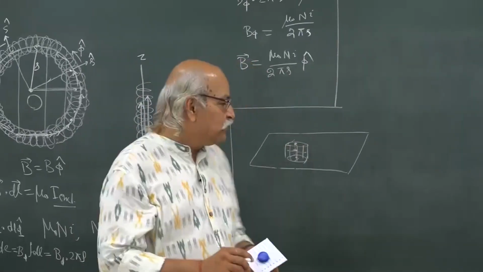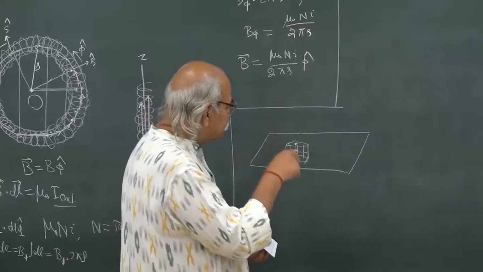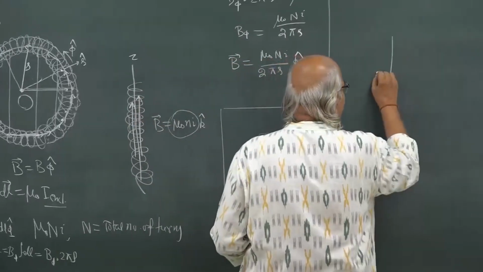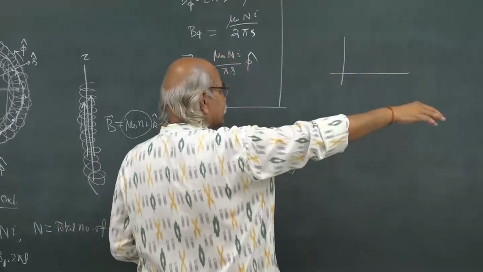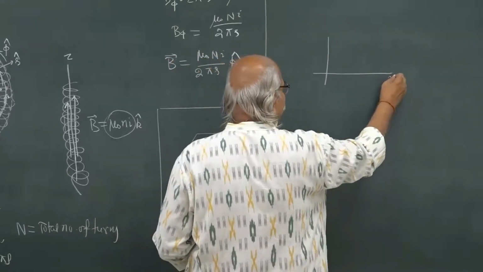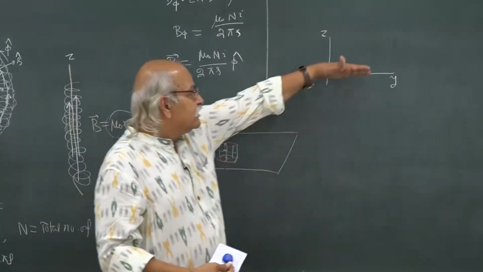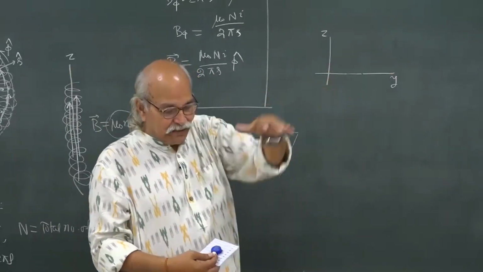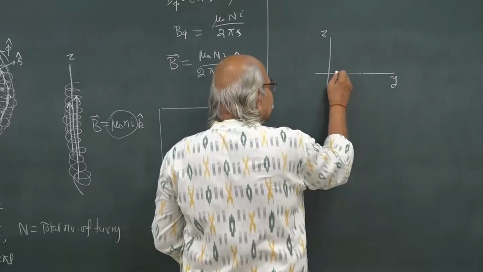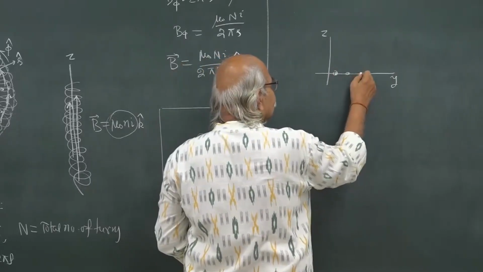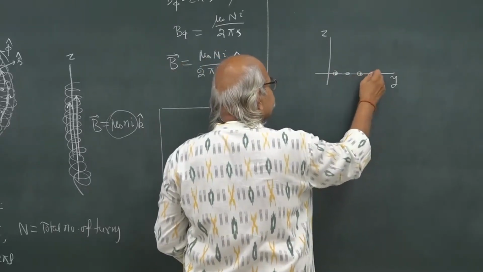Okay. If you look at that YZ plane, if I say that my plane is here, what I am showing on the board is just this Y, and this is Z perpendicular to the plane. The plane is like this and the current is coming like this. I denote the current by these dots like this.